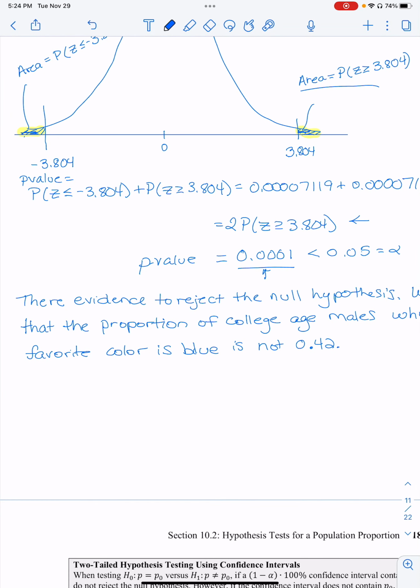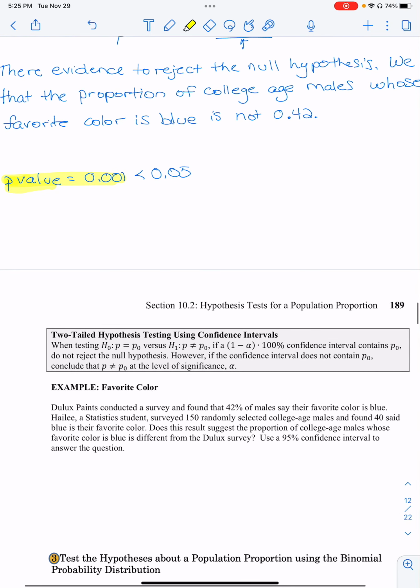But if you used that method, you'll notice that our p-value was equal to 0.001, which again is less than 0.05. So in both cases, whether we did it with our Z-score or whether we did it using StatCrunch the whole way, we get the same p-value out. Okay, and we can make the same conclusion. So our conclusion wouldn't change, it's exactly the same. Now there's one other way to do this, and let's talk real quick about two-tailed hypothesis testing.